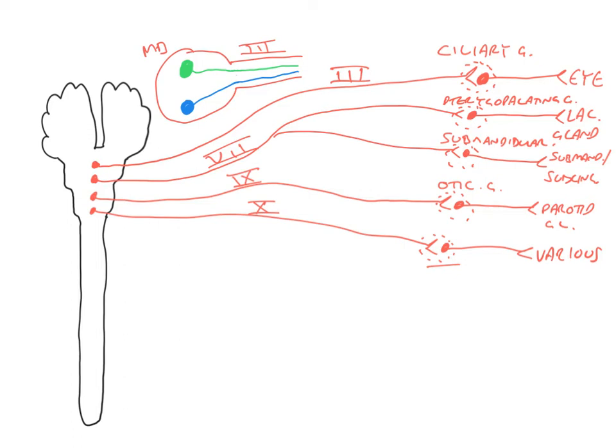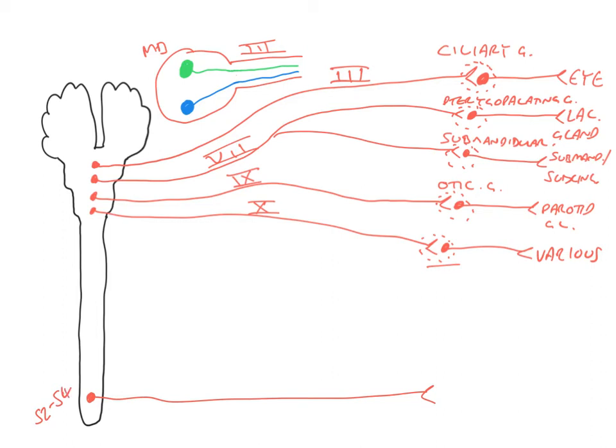So now let's consider the sacral parasympathetics, and I'm going to draw here diagrammatically a cell body of a parasympathetic preganglionic neuron down in the sacral cord, and we know that this parasympathetic preganglionic neuron can be found in the region between cord levels S2 and S4.